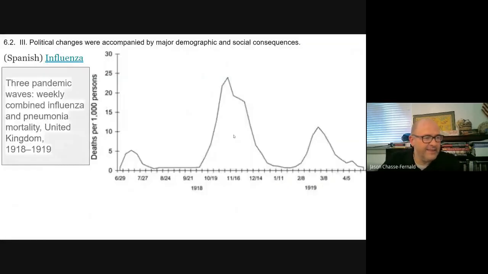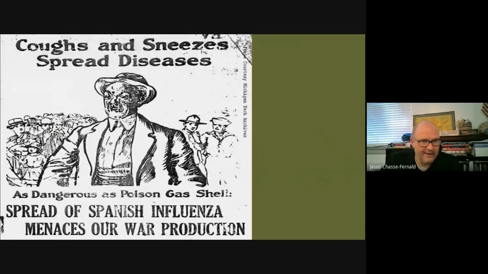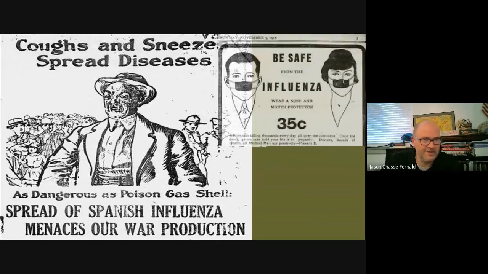And there's a ton of stuff written about the Spanish flu, Spanish influenza. On my website, when we get to this topic, I've got a pretty good little article on it as well. And of course, you see the government supporting information, encouraging people to mask.